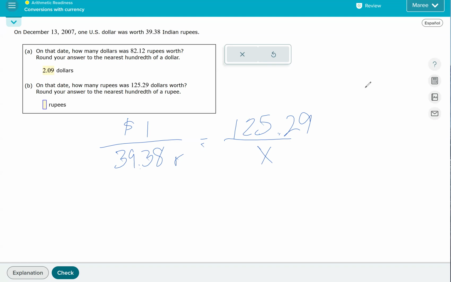And you might start noticing patterns. In this case, we wanted dollars when they gave us rupees per dollar, so we multiply. If we're given the same label, like we knew rupees and in part A they wanted rupees, then we can divide. That might be something you'll notice as you go.